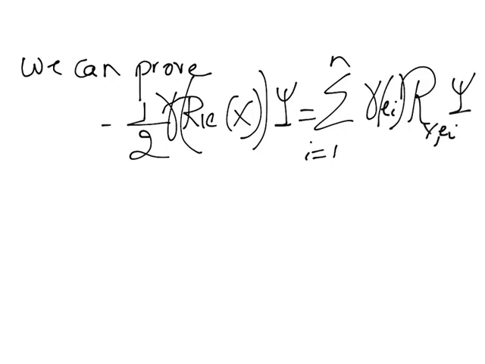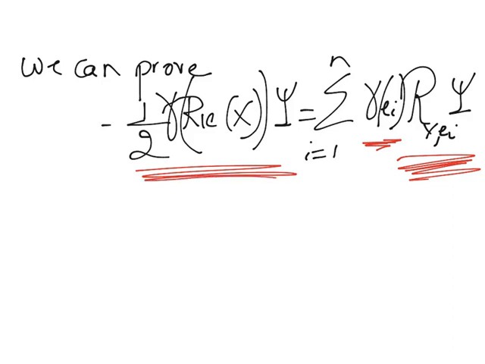So I'm not going to prove this identity, but you just have to use the local expression of the spinorial curvature, then Clifford multiply by gamma e_i, then sum over i to get the Ricci curvature Clifford the spinor field psi.